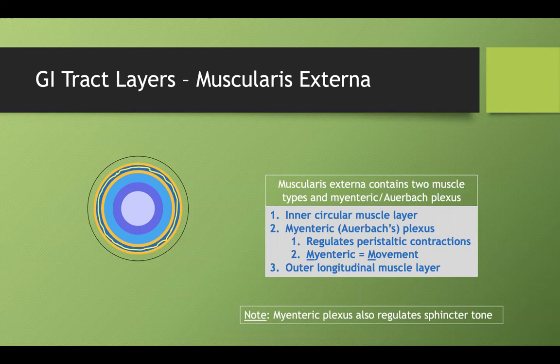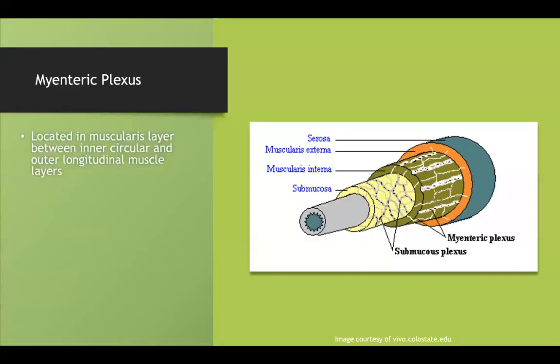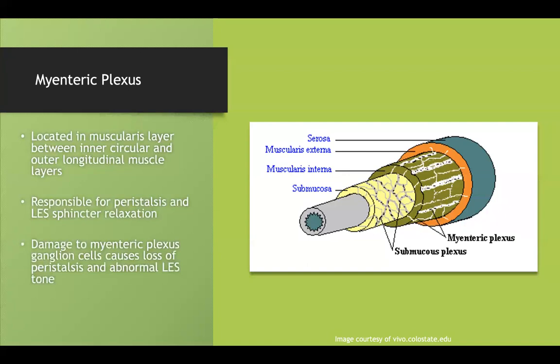As you can see, the myenteric plexus has an important role in regulating sphincter tone in addition to peristaltic contractions. Those are the two things the myenteric plexus does: peristalsis and sphincter tone, okay? So if we look at the myenteric plexus again, it's just responsible for these two things. And if they're injured, you're going to have both a loss of peristalsis and abnormal tone.